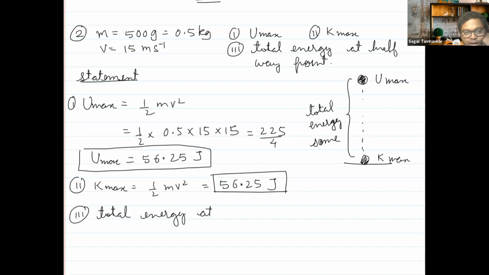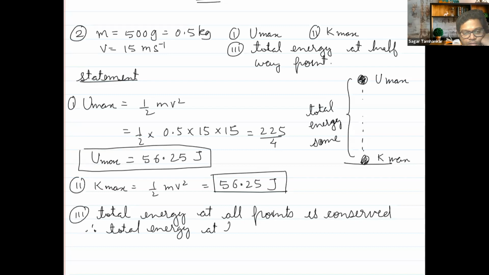Total energy at all points is conserved, therefore total energy at halfway point is also 56.25 joules.